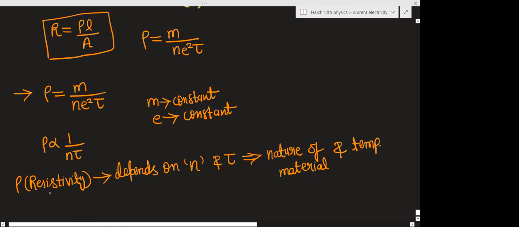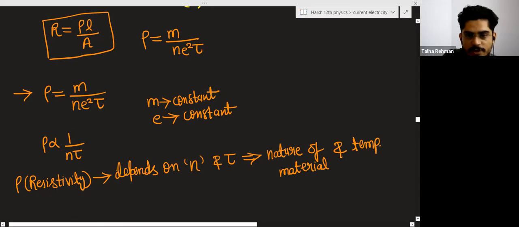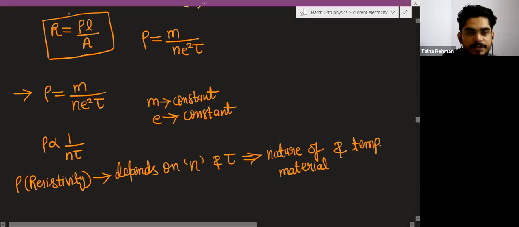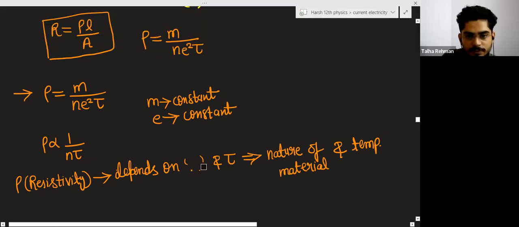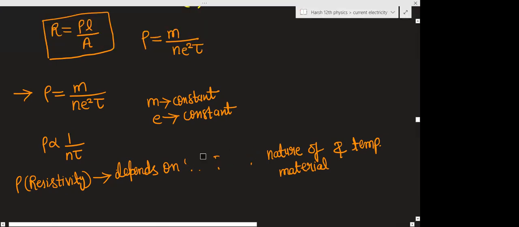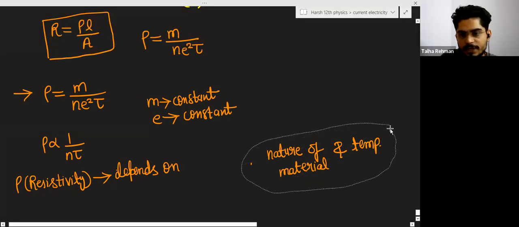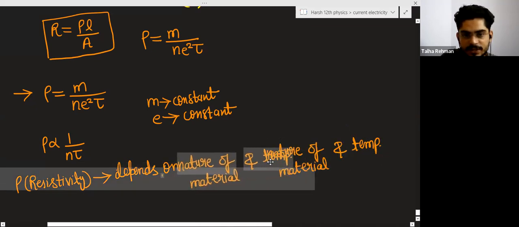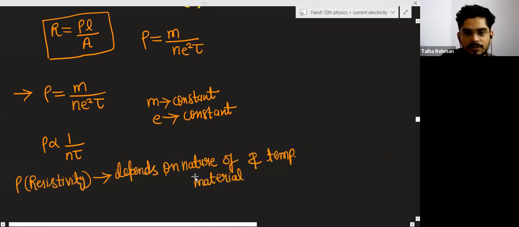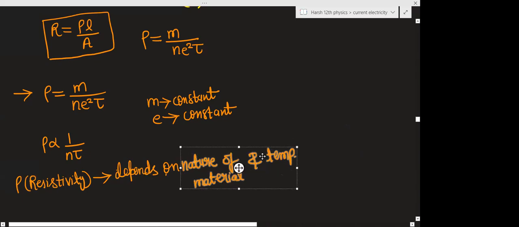Nature of material means copper has a different resistivity, aluminium has a different resistivity. It depends on nature of material and temperature.